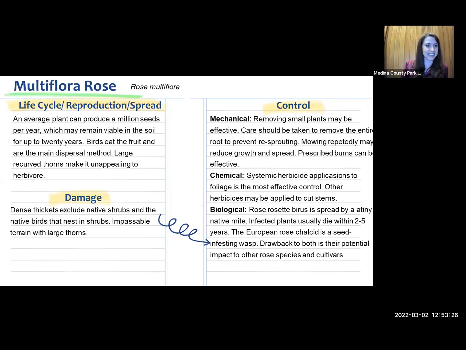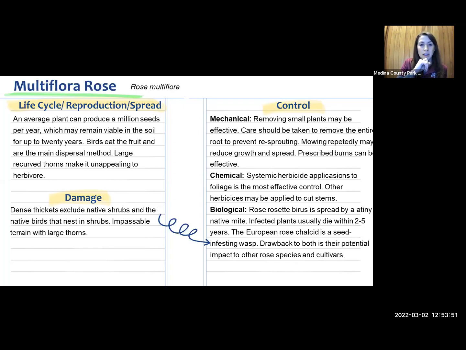Because it's covered in thorns. So they crowd out all of our other native shrubs. This one is aggressive enough that I've actually seen multiple times it growing up and over trees, up and over shrubs, and using them as a support system for this massive rose bush. So not a fun one to take care of at all. It's hard to get in there.